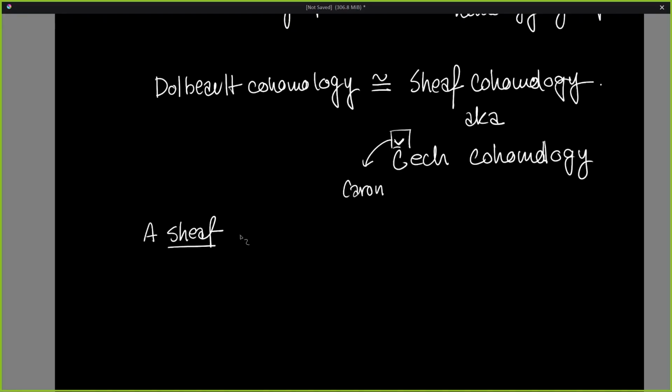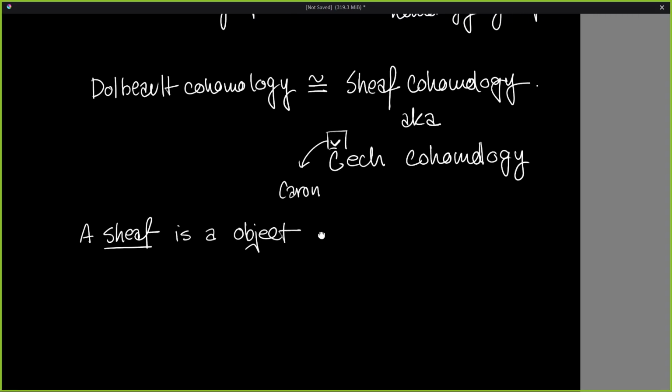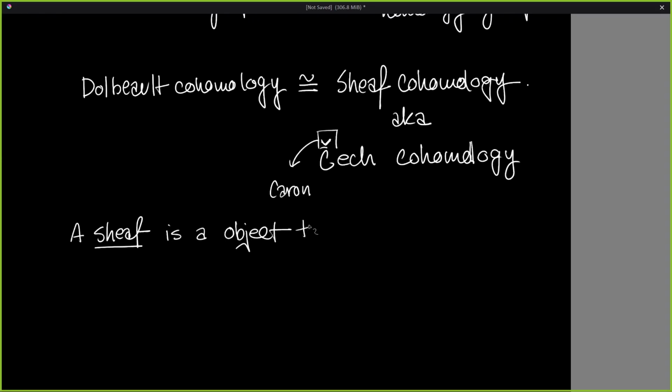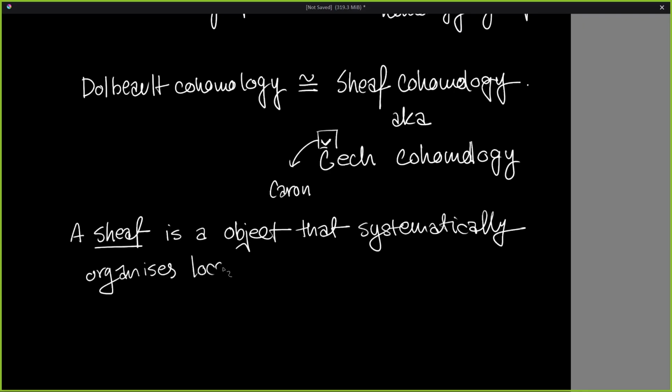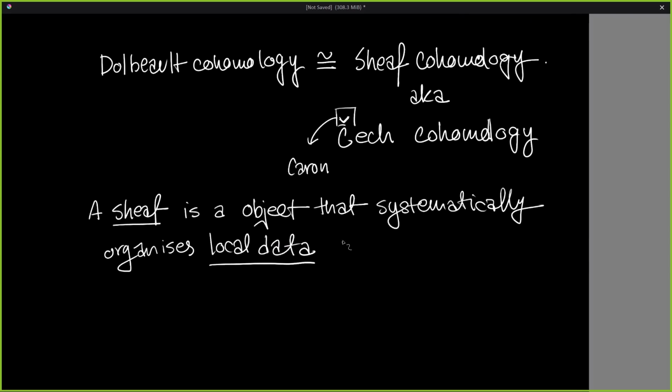A sheaf is a mathematical object, but everything here is a mathematical object. An object that systematically organizes local data. You can see the connection here to the local to global patching idea on the manifold.